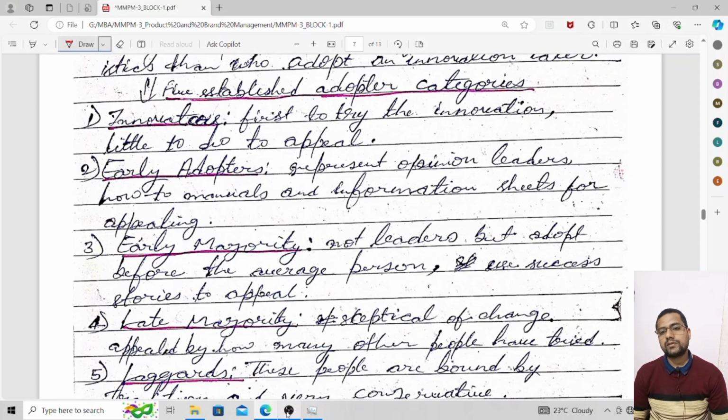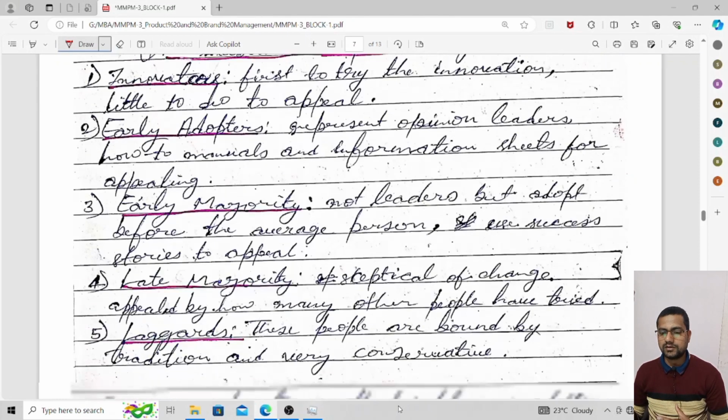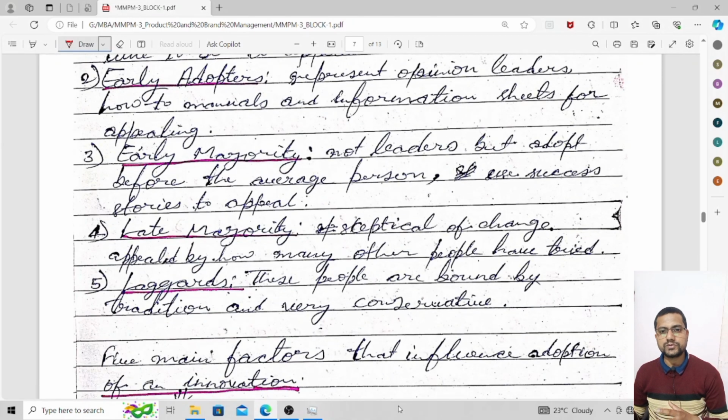They are motivated by looking at whether other people are using it or not. If other people are using the product, then they also try to use it. And if very few people are using it, then generally they do not try to use the product. So that is the characteristic of the late majority.